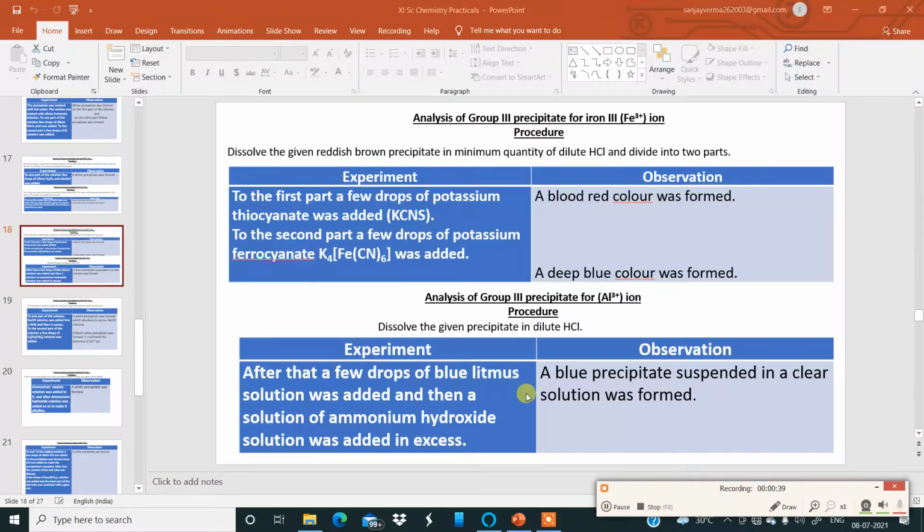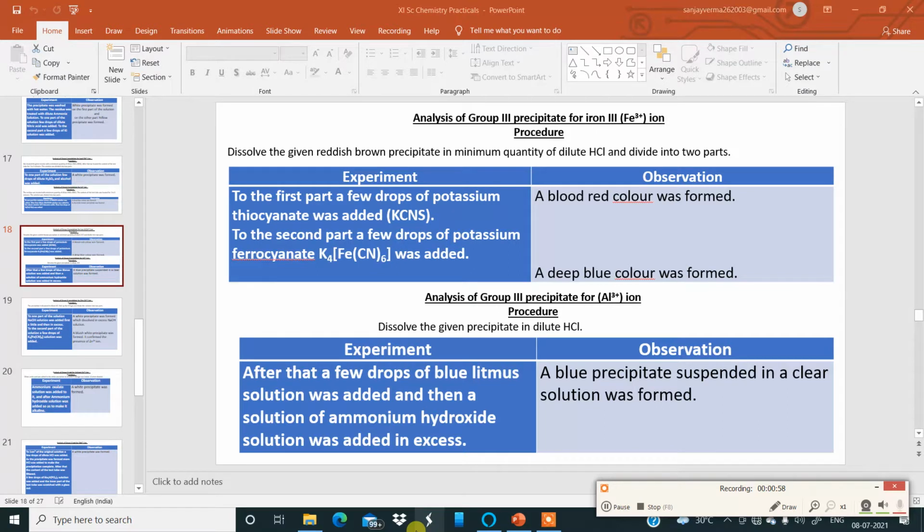Now watch your screens. You can see the analysis of group 3 precipitate for iron 3, Fe+3 ion. Procedure: first, dissolve the given reddish brown precipitate in a minimum quantity of dilute HCl and divide into two parts. How do we obtain the precipitate?